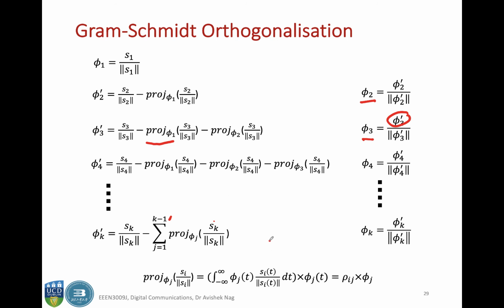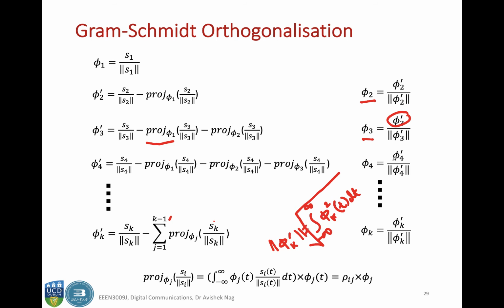I should have written it here that the norm of any vector, let's say phi k prime, is basically the square root of the integral of phi k prime squared, that is, the square root of the energy.